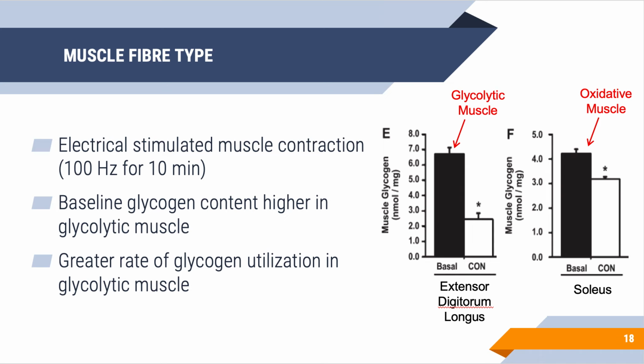And following this period of skeletal muscle contraction, we have a greater rate of glycogen utilization in glycolytic muscle. Specifically, in the extensor digitorum longus, our glycolytic muscle, muscle glycogen concentrations drop to about 2.5 nanomoles per milligram compared to about 3 nanomoles per milligram in the oxidative muscle.